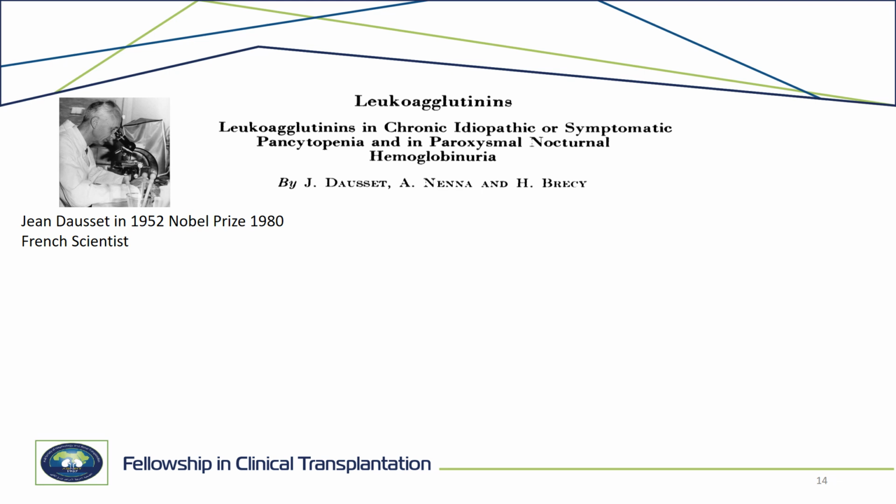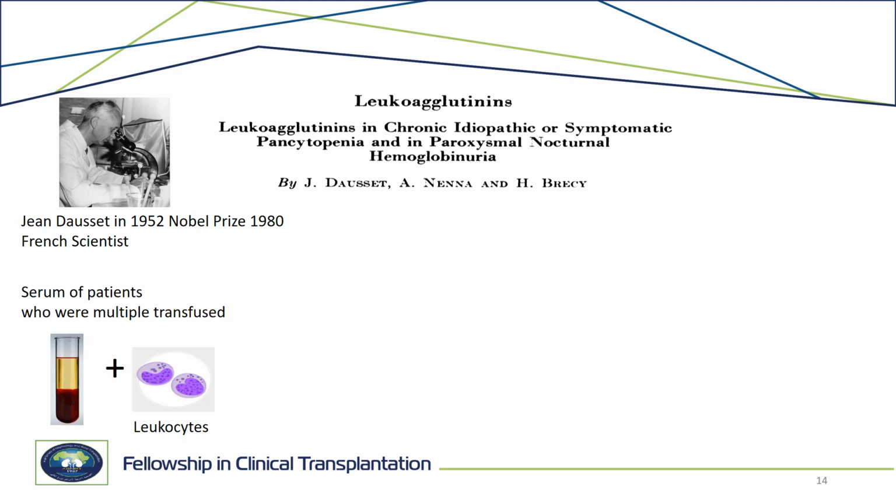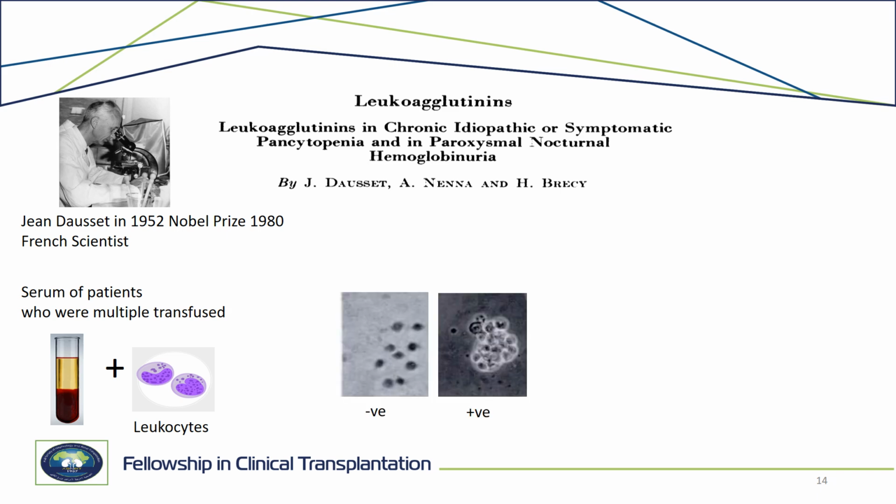He noticed that mixing on a glass slide the serum of a patient who had been previously transfused with the leukocytes from another individual, it agglutinates, as you can see in the picture. He also noticed that the patient's serum agglutinates some of the leukocytes and some not, and that it never agglutinates the patient's own cells.